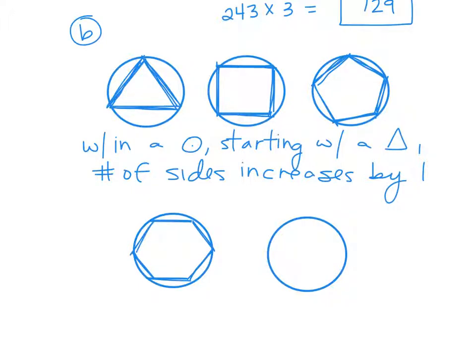What's a 7-sided figure called? A what? A septagon is okay, or there's another name for it. A heptagon. So heptagon or septagon, they both work. So 1, 2, 3, 4, 5, 6, and 7. Okay? Questions on that?